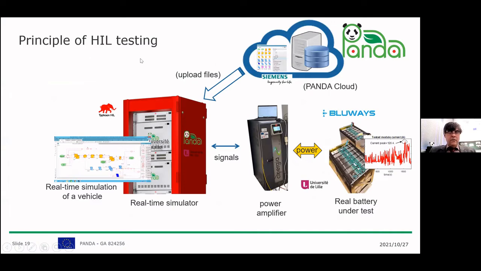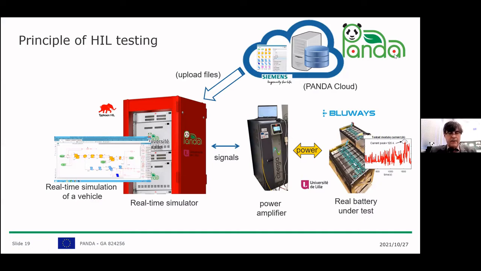What is the principle of hardware in the loop testing? We will upload the model of the studied vehicle from the cloud and send it to a dedicated real-time simulator which has been built by Typhoon company.